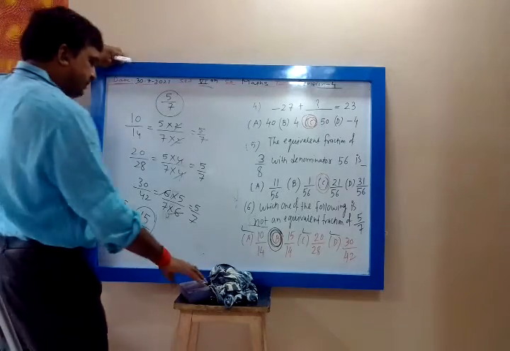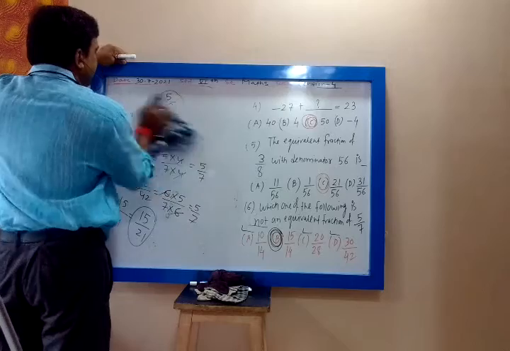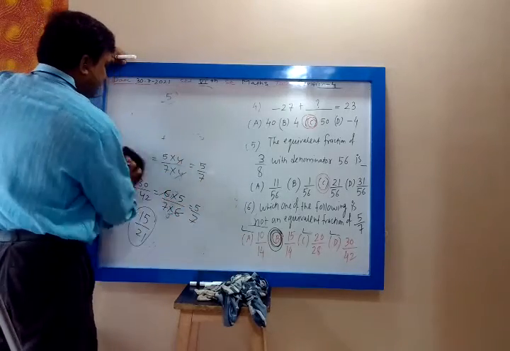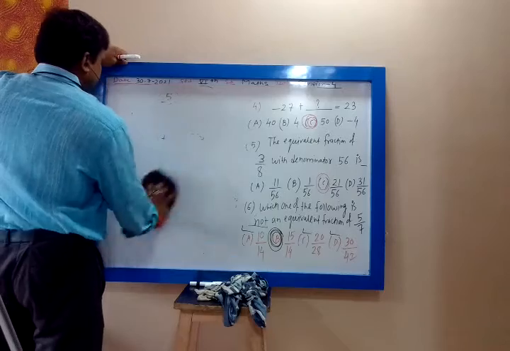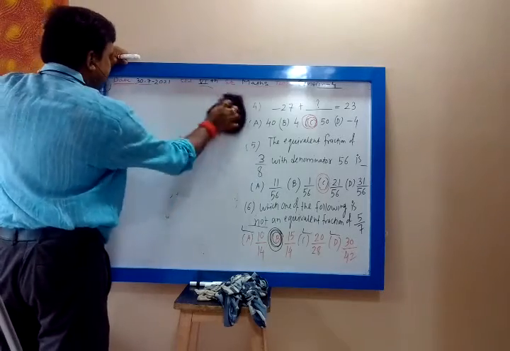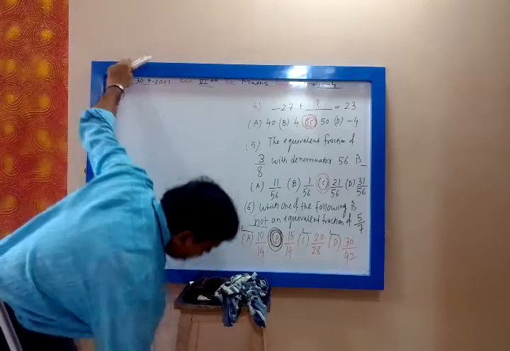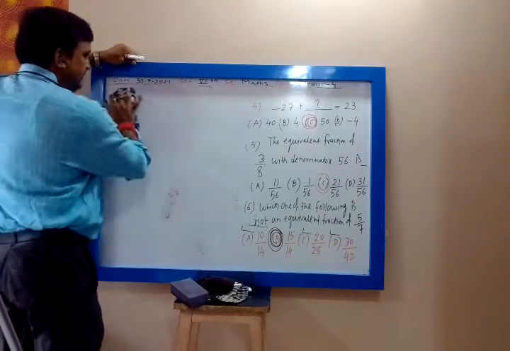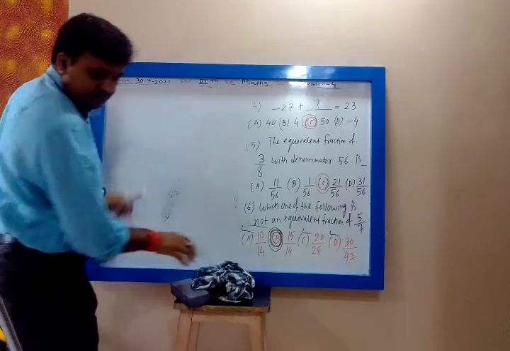Yes or no? So option B is correct, because in the question it is given not an equivalent. So you have to find the lowest term of each fraction, and if the lowest terms are not the same, the fractions are not equivalent.